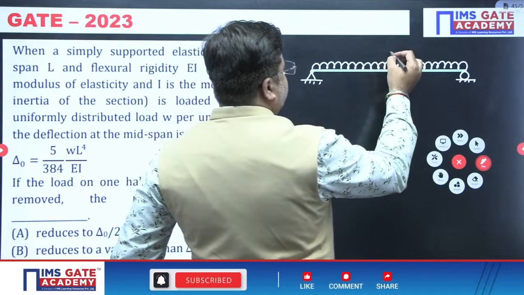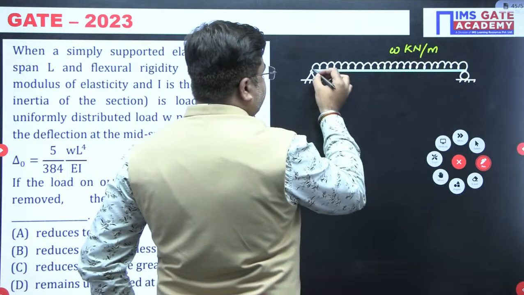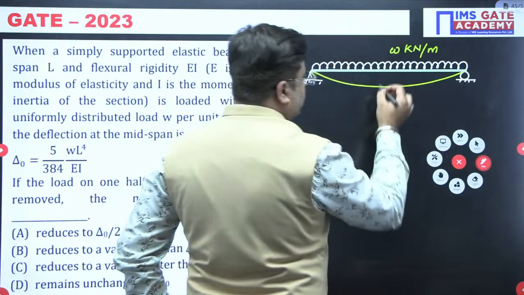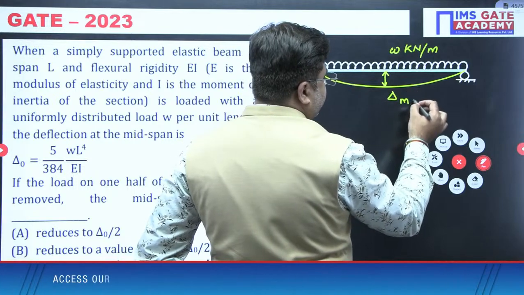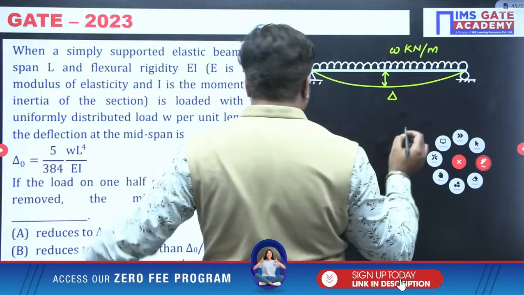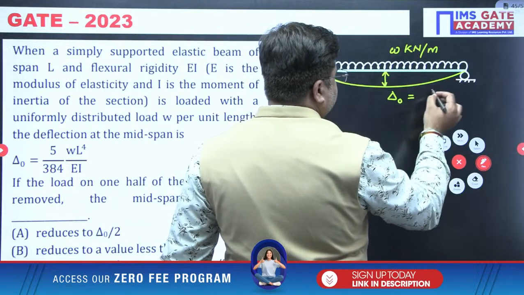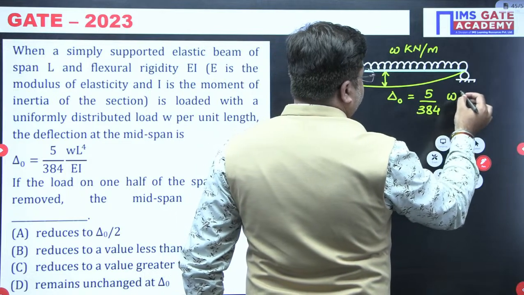And the intensity of this UDL is W kilonewton per meter. And due to this UDL, the beam is going to deflect like this, due to which the mid-span deflection, this delta max that you are getting, this delta max or delta naught they have written. Okay, delta naught. This delta naught is 5/384 WL raised to power 4 upon EI.